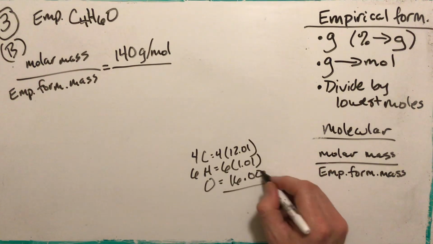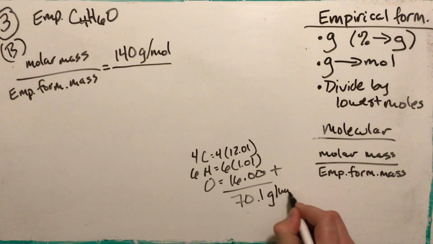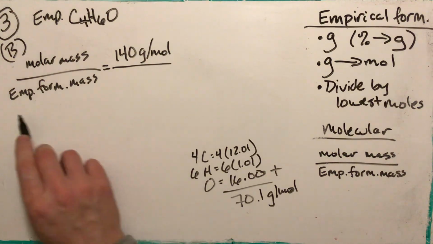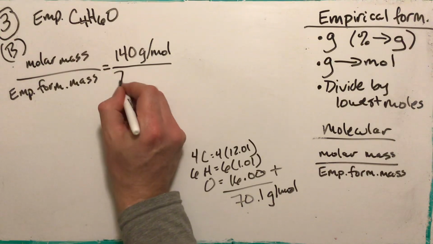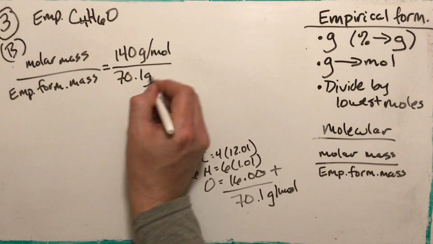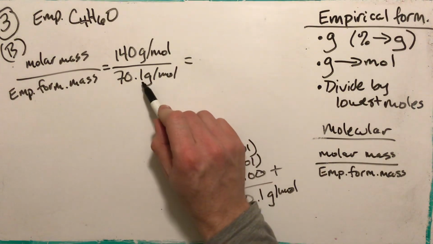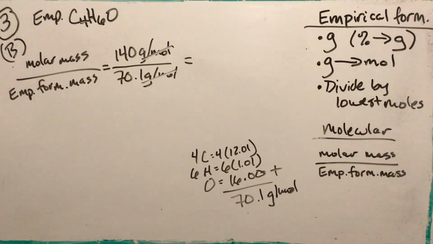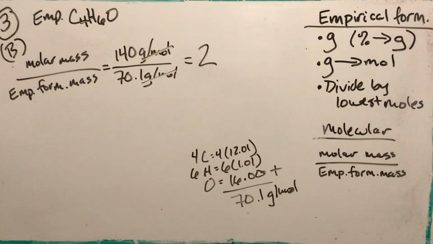I'd add them all together, and I end up with 70.1 grams per mole. So that's the molar mass of the empirical, the lowest terms one. So I put that here. And you can already see these grams per mole divided by grams per mole, they're going to cancel. And 140 divided by 70, you already know is going to be 2.